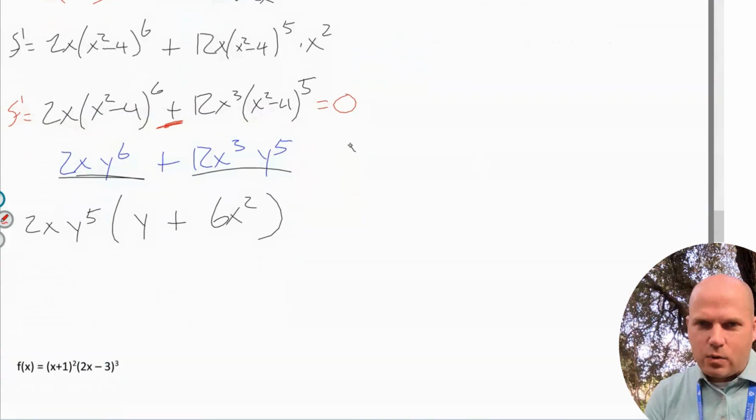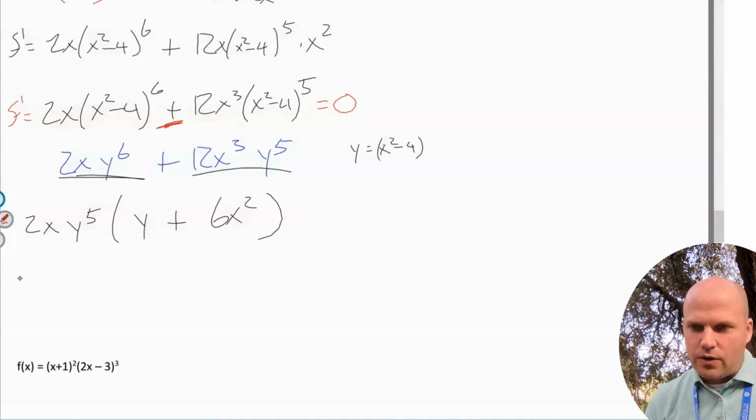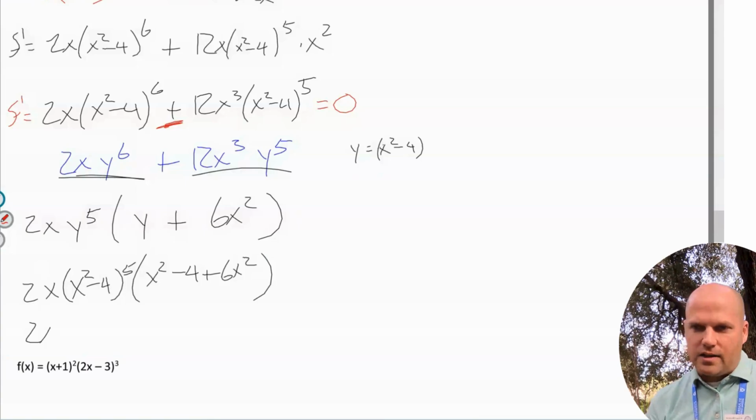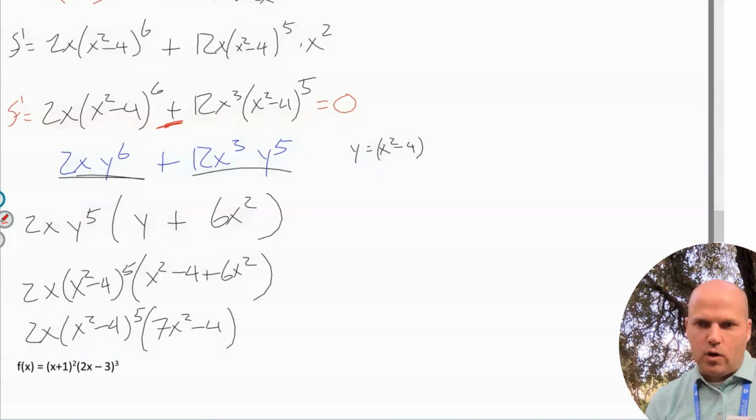If y equals x squared minus 4, then my factored form is 2x, x squared minus 4 to the fifth, and then here, this is x squared minus 4 plus 6x squared. Okay, I got 2x, x squared minus 4 to the fifth, and then I have 7x squared minus 4.